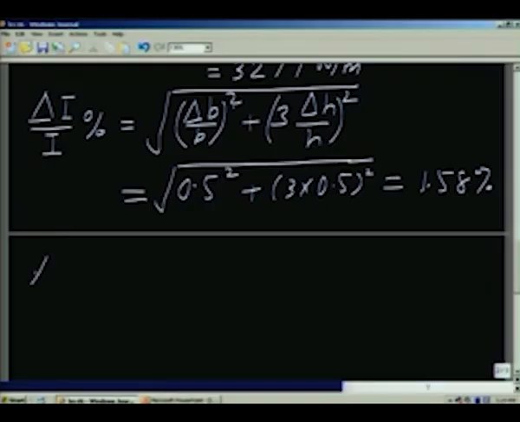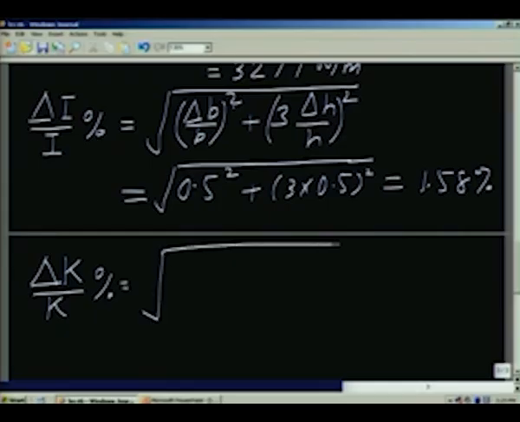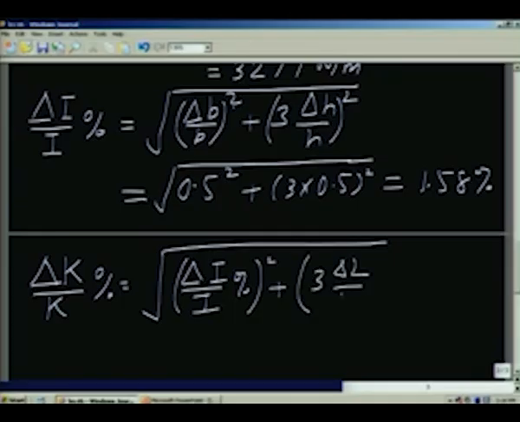So, we can say now, because of this, delta K by K in percentage will be given by, 3 is simply a constant, E is also assumed to have no error, so this becomes delta I by I percent whole squared plus, for L cube, 3 delta L by L whole squared.